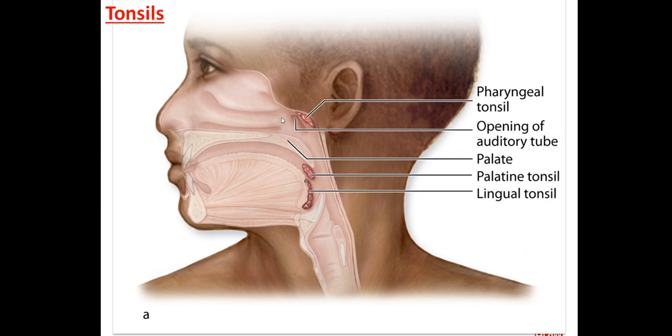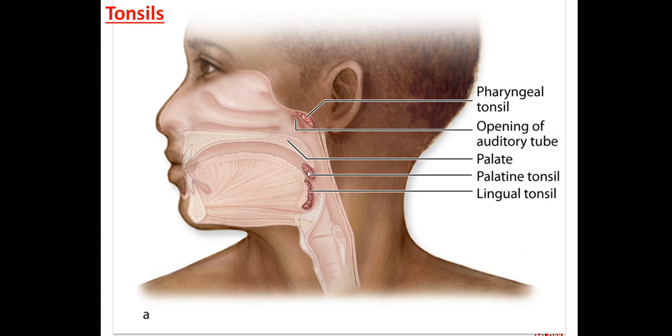Why? Because the nose and respiratory passages are lined by pseudostratified columnar epithelium, and the tonsil is part of them, so their lining epithelium is as in respiratory epithelium, pseudostratified columnar epithelial tissue.